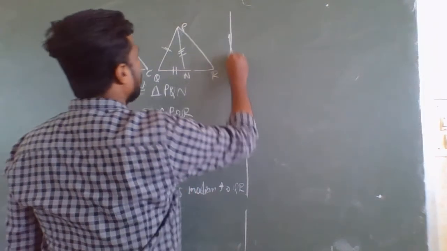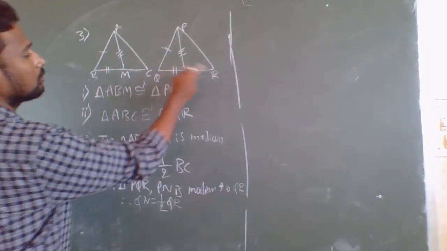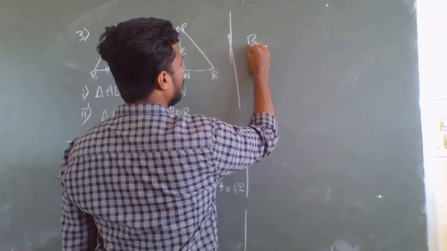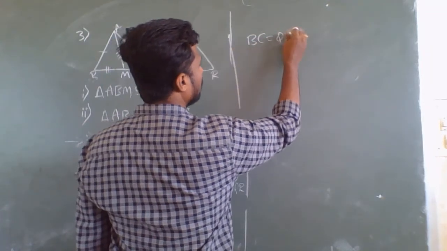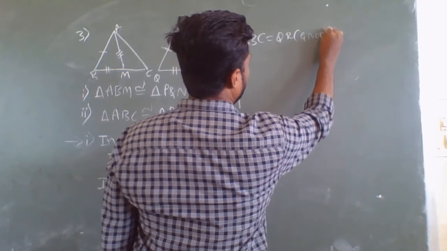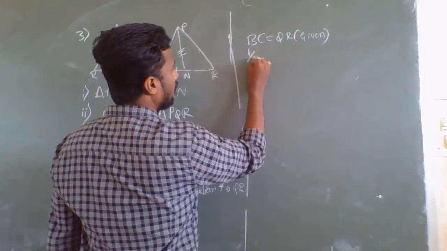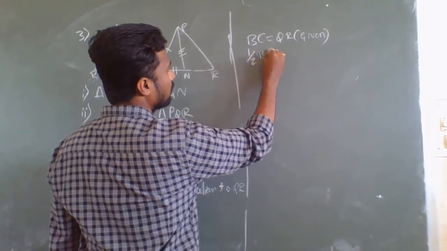So now I will write what they have given here. BC is equal to QR. This is given. Now I will multiply one by two to both sides.